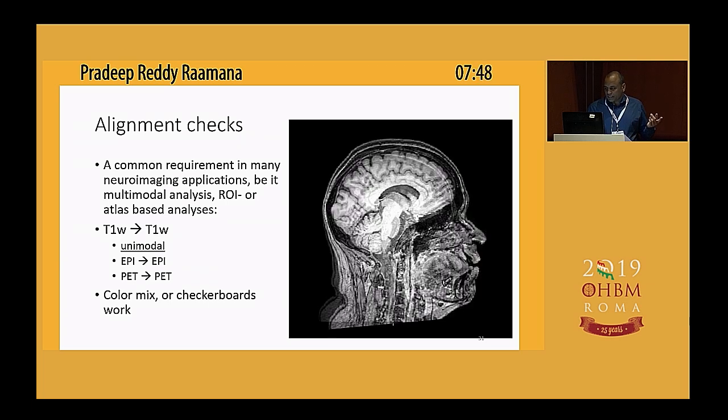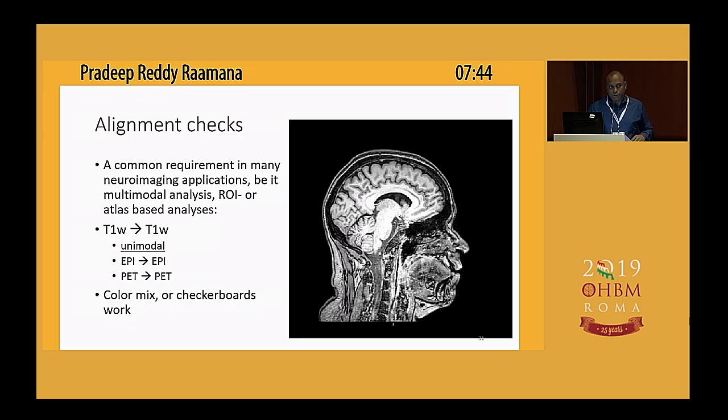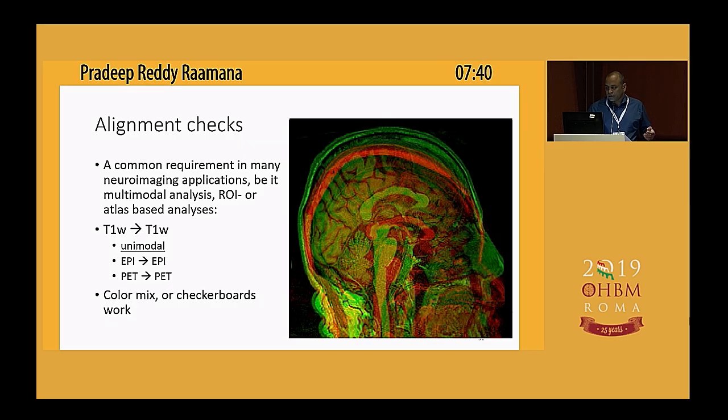One of them is just flipping back and forth between what you need to check alignment between, followed by mixing the two images as two color channels in the RGB spectrum, which makes it really easy to detect. In this case, the red is one image and green is the other one, and you can see that they're clearly out of alignment.